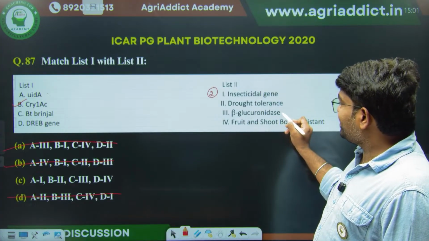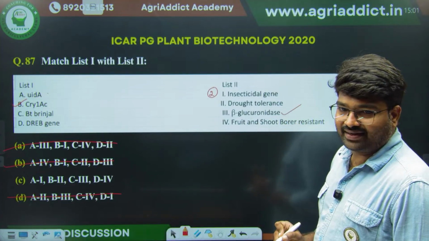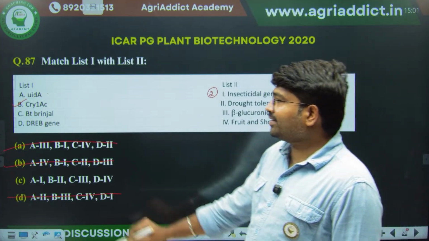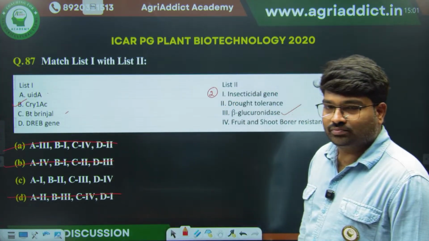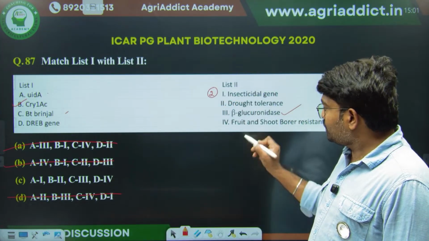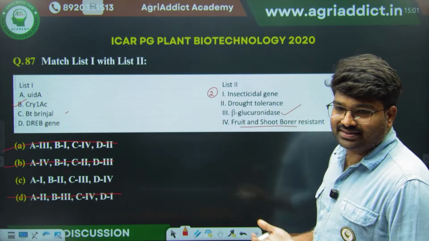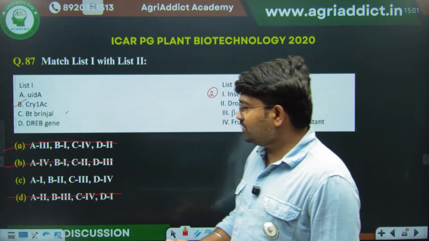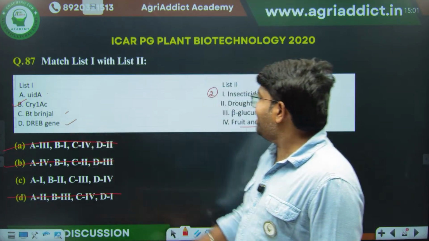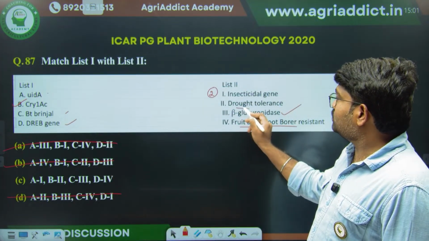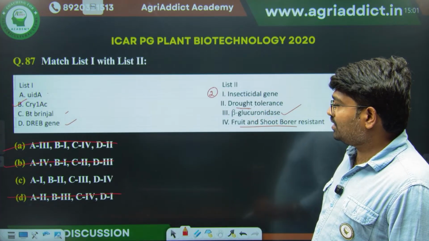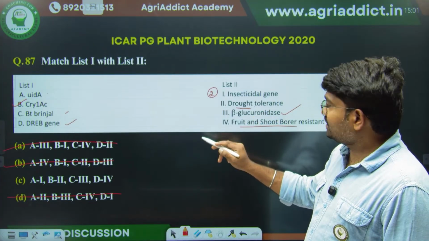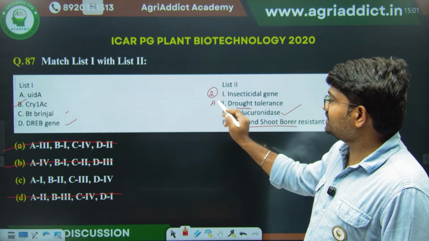It's a beta glucuronidase. It will act as a marker gene. Correct. Bt brinjal, what will it do? Bt brinjal was developed for fruit and shoot borer resistance. Yes, shoot and fruit borer resistance. DREB is for what? Drought tolerance. Okay, DREB for drought tolerance.